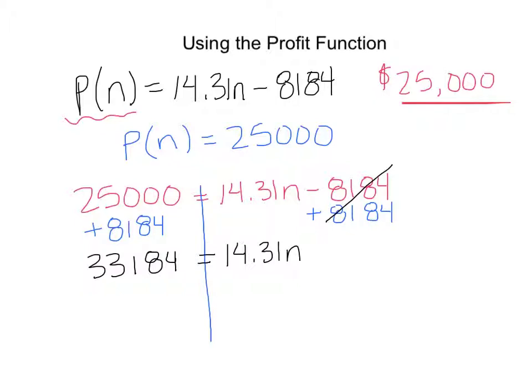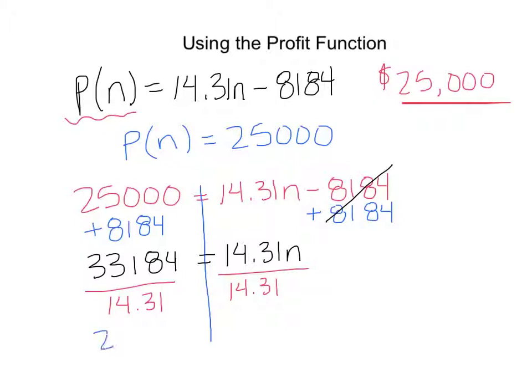Now again, our goal is to get n by itself, so we're going to need to undo that, and that's 1431 times n, times each pair of jeans. So to undo it, we're going to need to divide. Divide both sides by 1431. We're going to end up with the number of pairs of jeans we need.